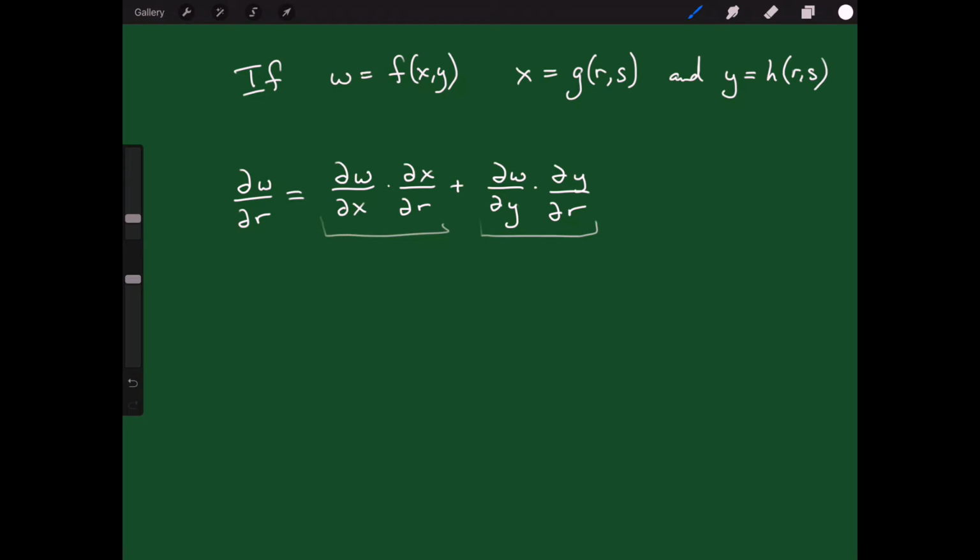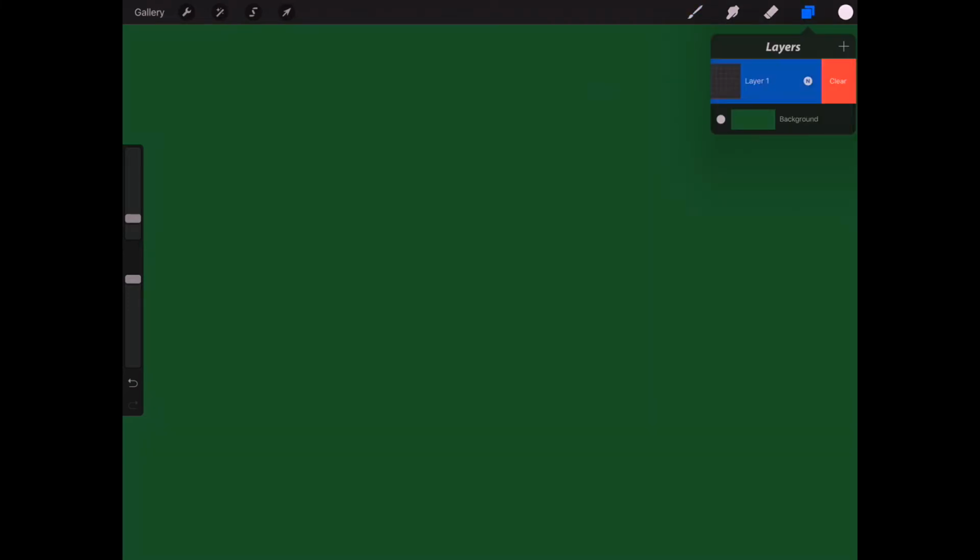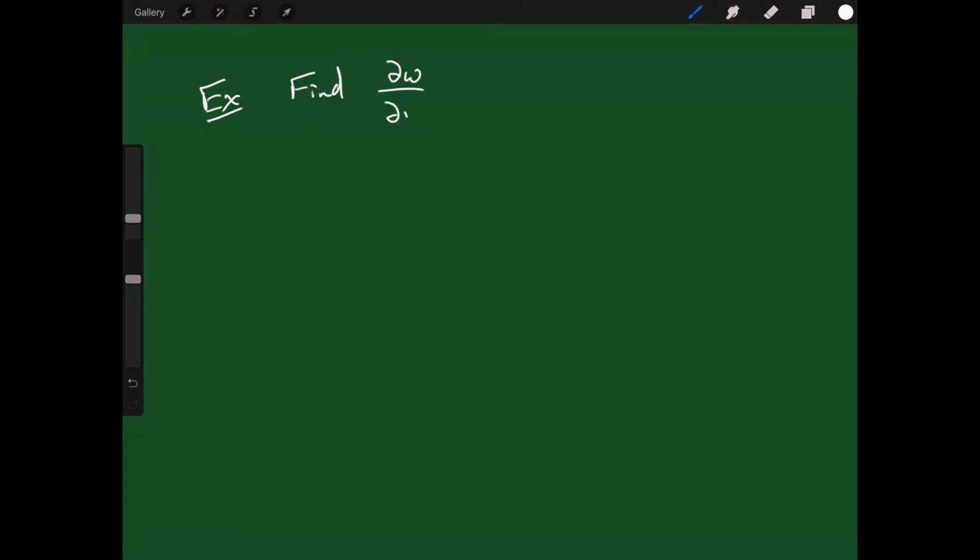Okay, so if I do it this way, let's take an example now so we can see this in action. Let's find the partial of w with respect to r if w is equal to x squared plus y squared, where x is equal to r minus s and y is equal to r plus s.